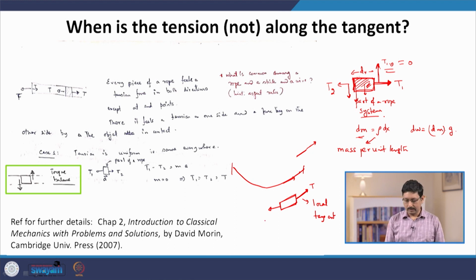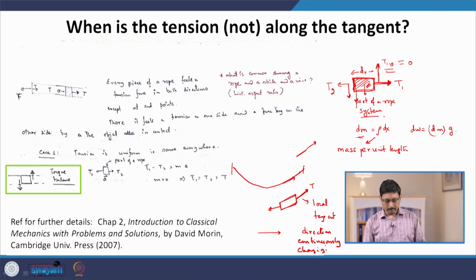But even in this case, there is no force in the direction which is perpendicular, because that would violate the torque balance condition.